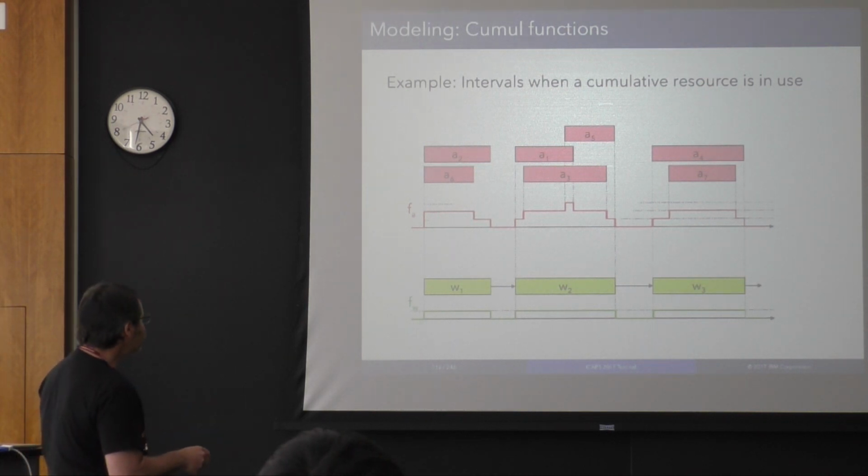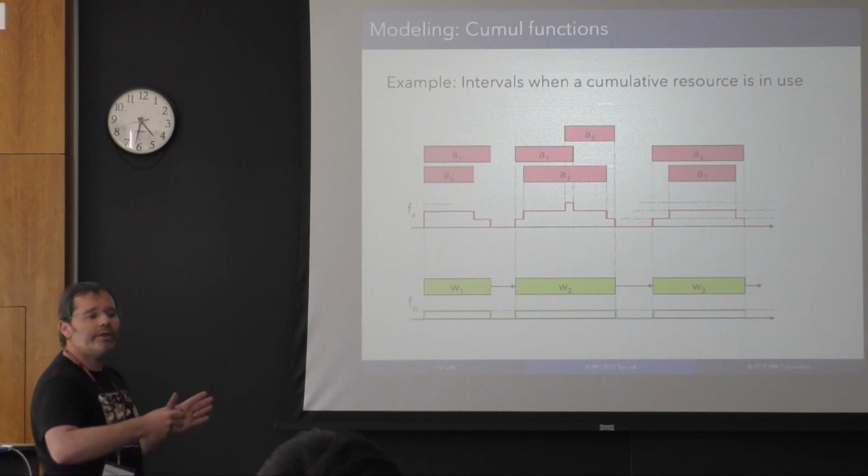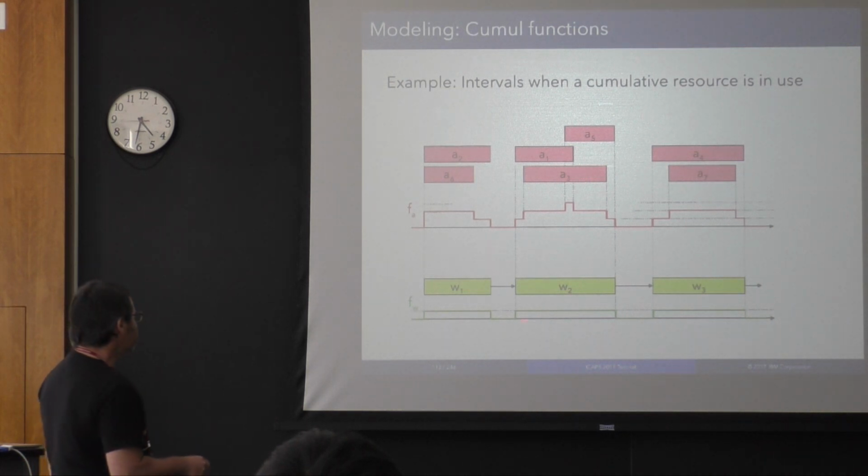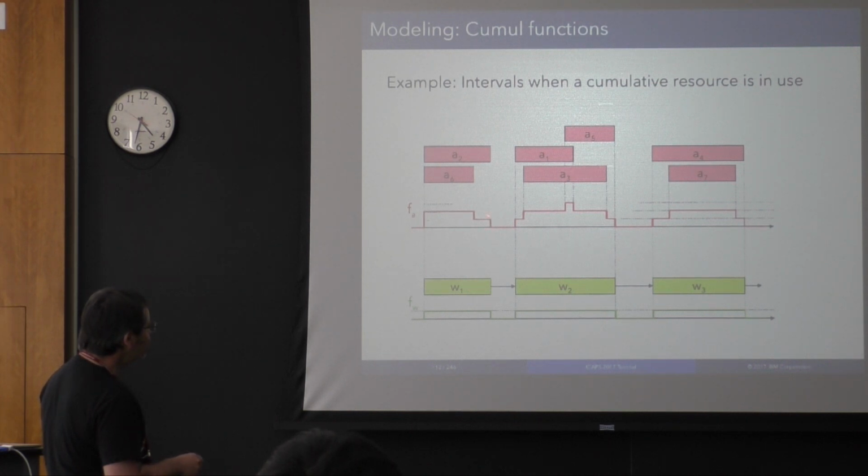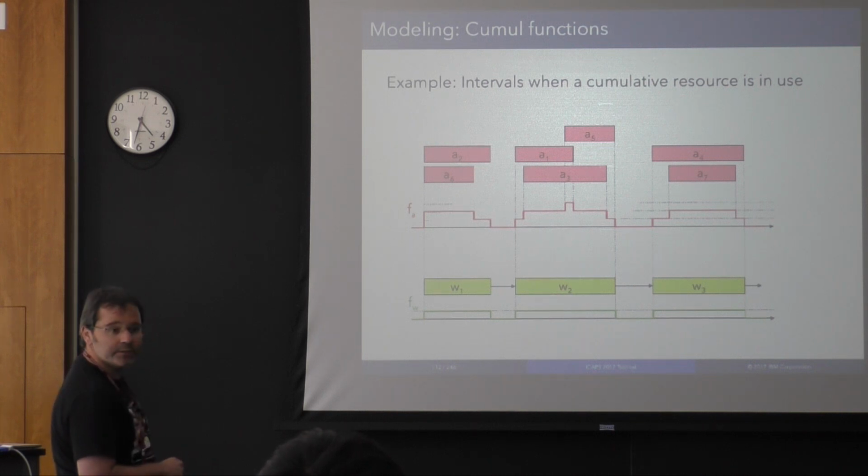So for instance, let's say these are working intervals of the resource. For instance here, W1 represents this interval where the resource is used by some activities. And then as the resource is not used anymore for a while, this is no more working time. And you will start another interval of time where the resource is used again by the activities.